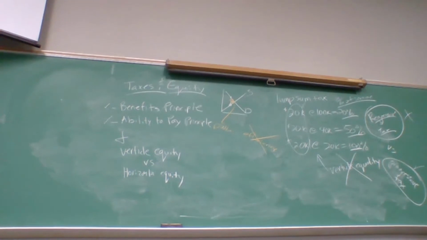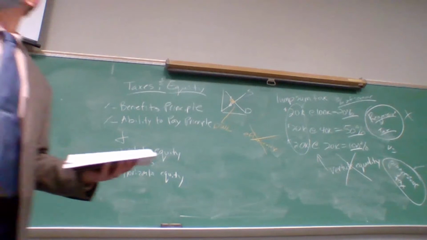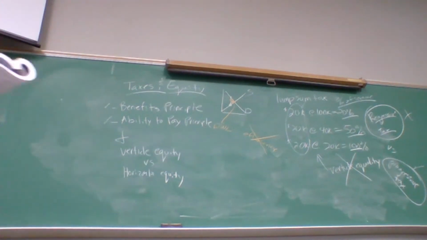Who's paying more of that tax percentage-wise? The burden. The person earning less money. Okay? If I'm really poor and I have to pay a 20% tax on bread, and someone who's really rich has to pay a 20% tax on bread, everybody says, hey, that's fair. Is it really fair? Whose percentage of income is bread a bigger deal for? The poor person. So that's highly regressive. If you tax a lot of food, poor people actually have to pay a higher percentage of their income for food, it can be a problem.